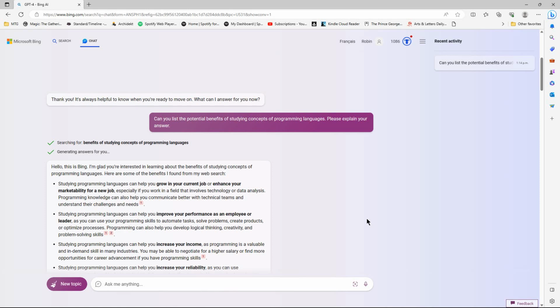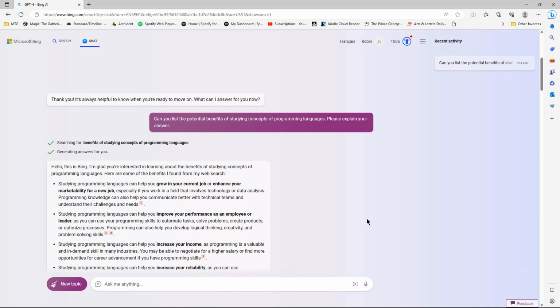And although it's saying studying programming languages, it really means studying the languages as opposed to the concepts underneath them, the differences between them. So it's got the classic things like, grow in your current job, enhance your marketability for a new job.